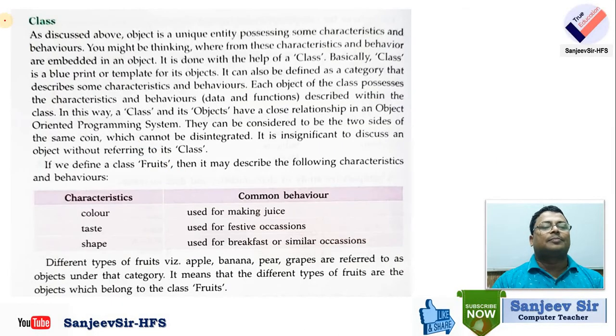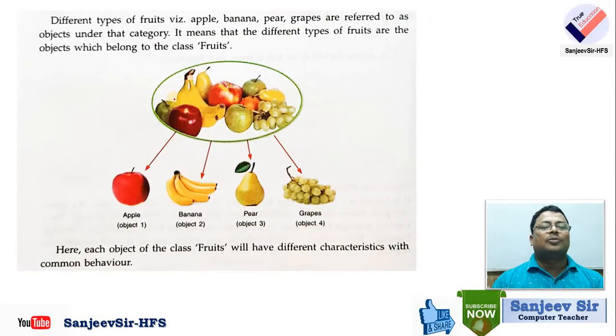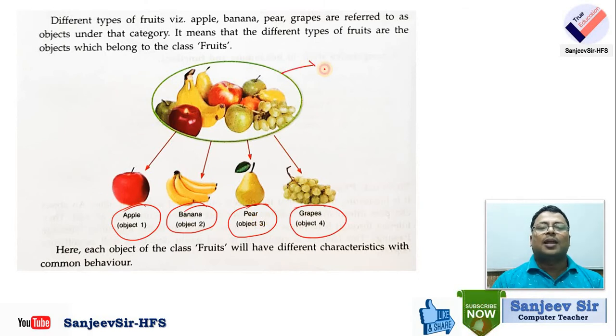Now class. We discuss what class means. A group of similar type of objects is known as a class. So you see here, this is apple, one object, banana another object, pear another object, and grapes another object, but these all belong to one class. That class is fruit. Class name is fruits.